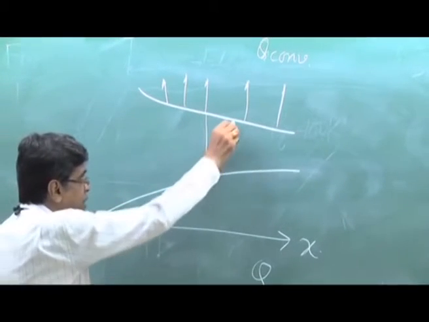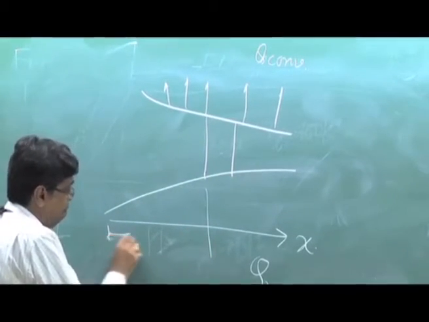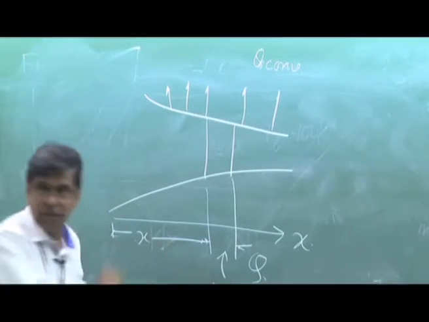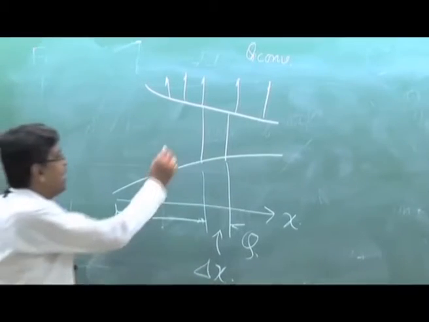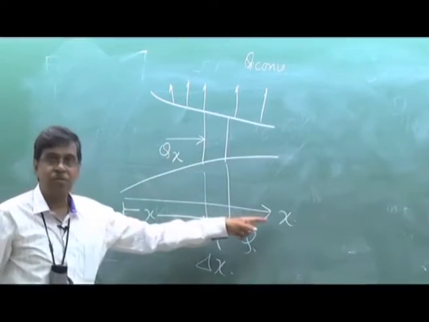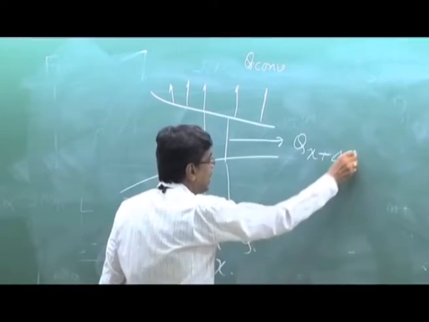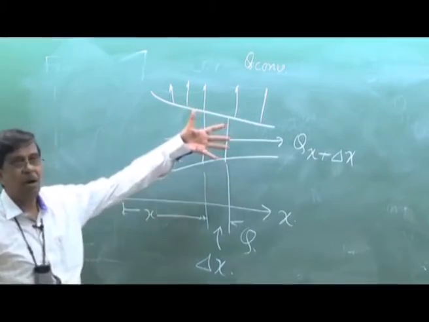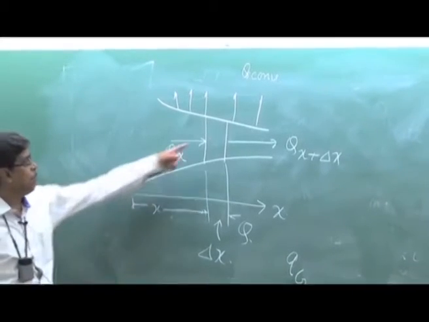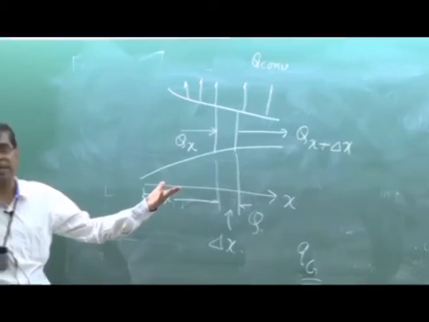I take an element at a distance x with a thickness delta x, and I denote qx as the heat coming into this face, in accordance with this nomenclature x, and qx plus delta x is the heat going out, and this wall generates heat which is specified by heat generation per unit volume Qg at a point, which is a function of x in general, or may be constant, whatever may be.